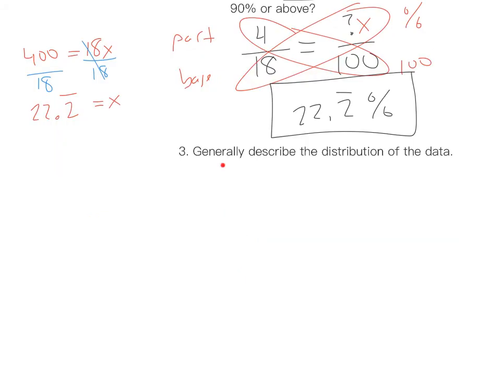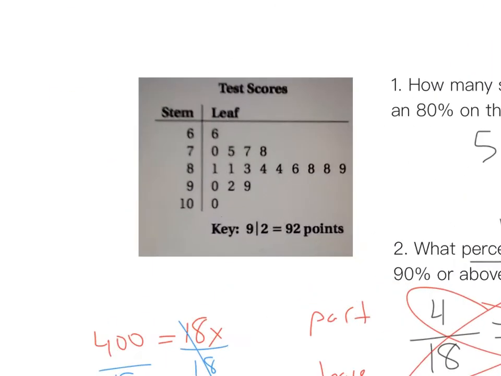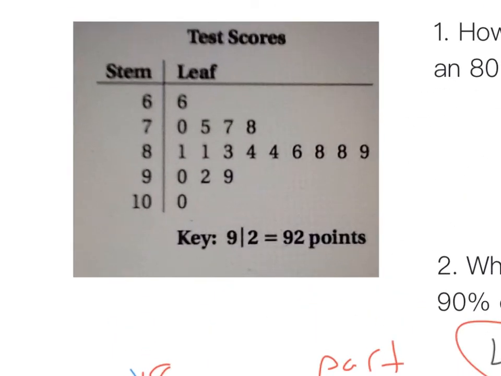All right, lastly, let's just generally talk about the distribution of the data. So let's look at the stem and leaf plot, and let's talk about the distribution. What do we see here? One person got a 66, someone else got 100. Got some low 90s to higher 90s. We've got some low 70s to high 70s, but a lot right here in the middle.